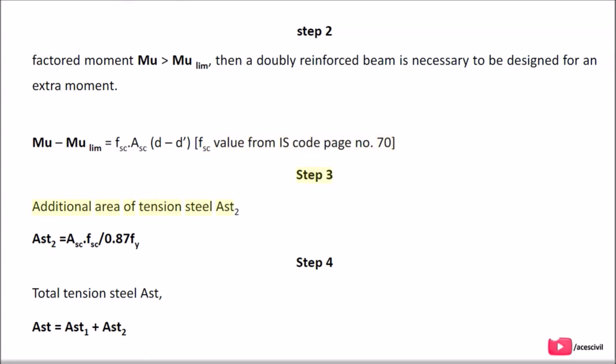Additional area of tension steel Ast2 equals Asc fsc / 0.87 fy. Step 4. Total tension steel Ast equals Ast1 plus Ast2.